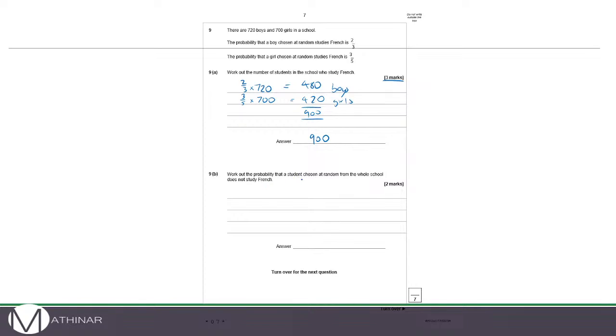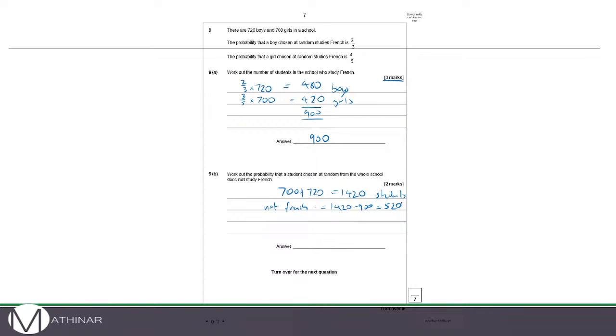Work out the probability that a student chosen at random from the whole school does not study French. Well, in the whole school there are 700 plus 720, so there are 1420 students. We've just worked out that 900 study French, so the ones that do not study French are 1420 minus 900, which is 520.